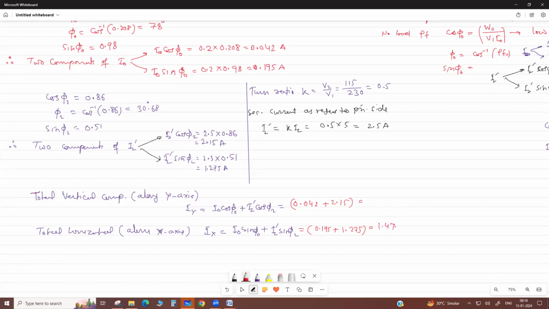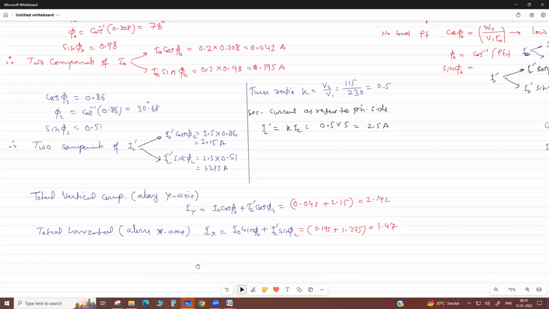Here 1.47. This is 2.195, equal to 0.042 plus 2.15. This comes 2.192.